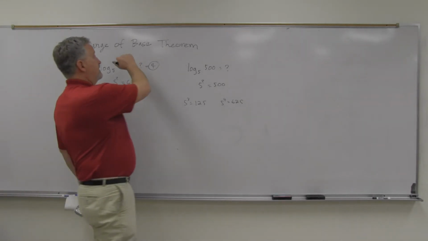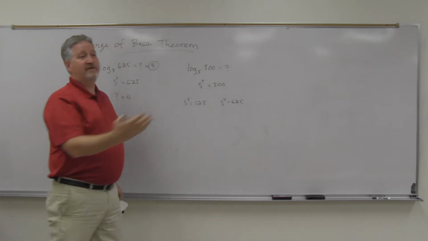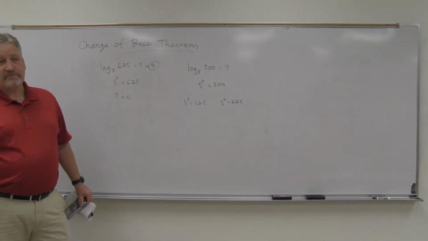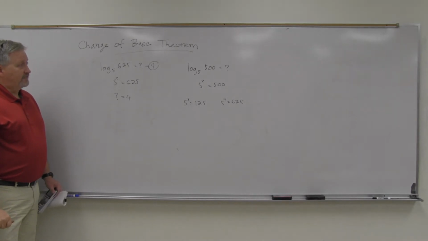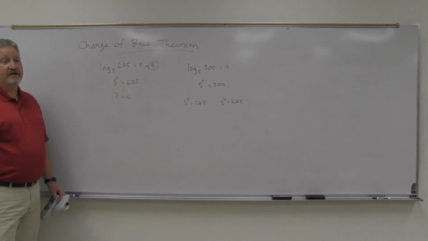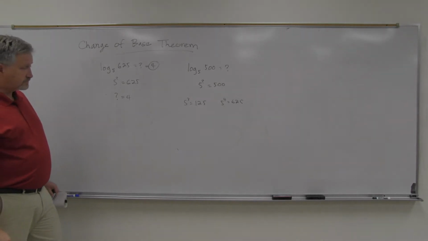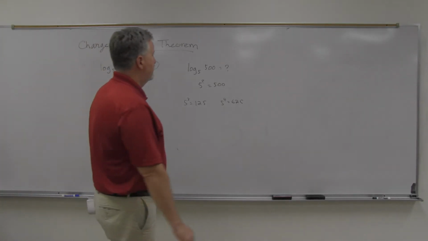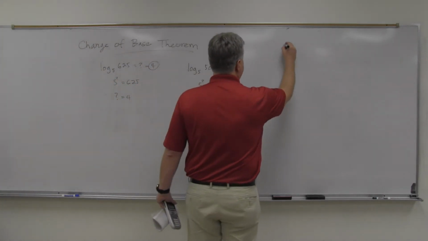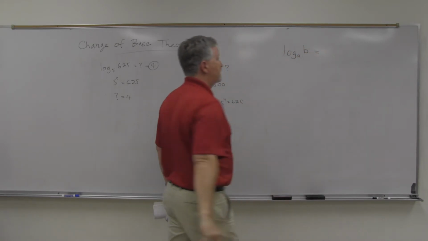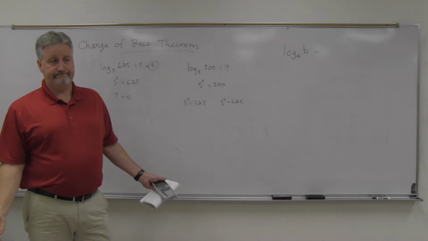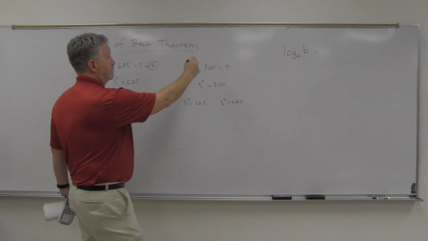Well, the change-of-base theorem allows me to figure that out a little more precisely, accurately, or to get an actual number for this. Okay, so here's how it works. If I have the log base A of B, I can evaluate that with this change-of-base theorem.